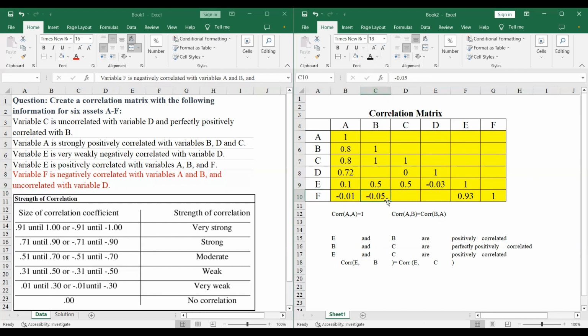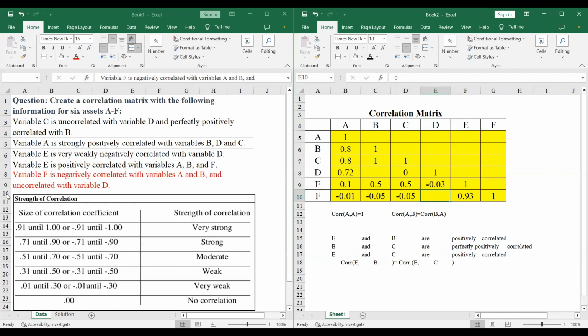Let's take a negative number. However, using the same type of reasoning, we know if B and F are negatively correlated, then C and F will definitely be negatively correlated of the same amount. So correlation of B and F should be same as correlation of C and F. So we have the same amount.